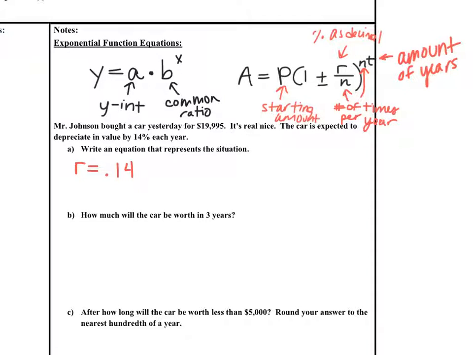What is my starting amount? Ellie. I'm calling you again today. 19,995. Okay, so that's going to be P. And Bella, how many times does this happen per year? Once. Because it happens each year. One time.